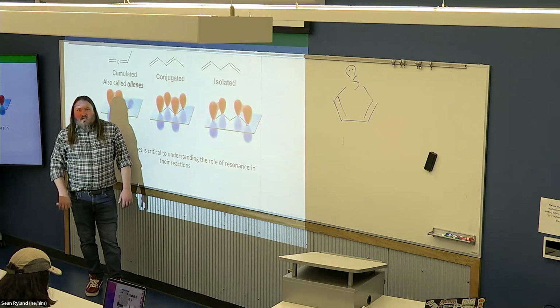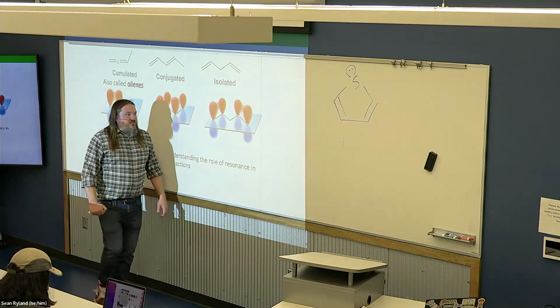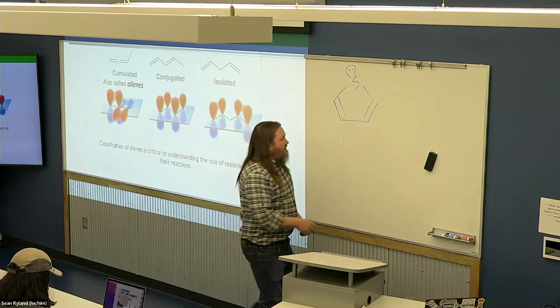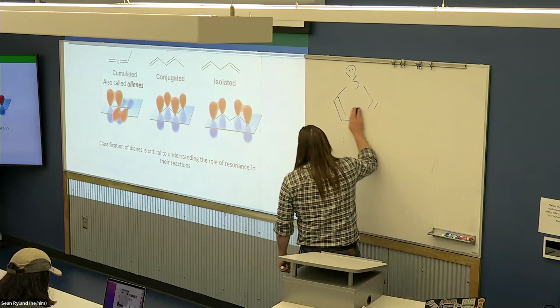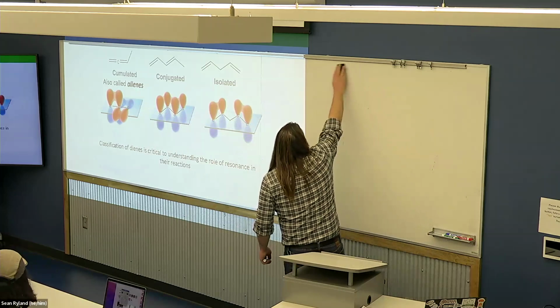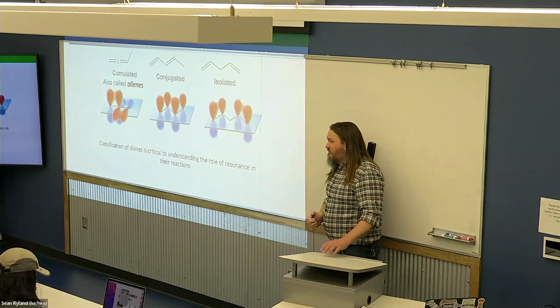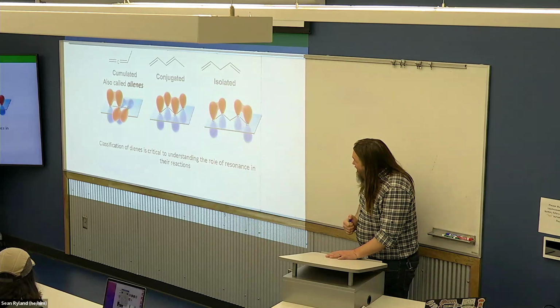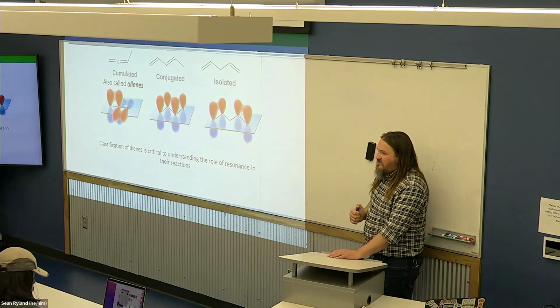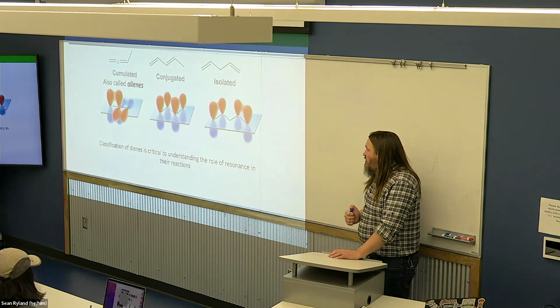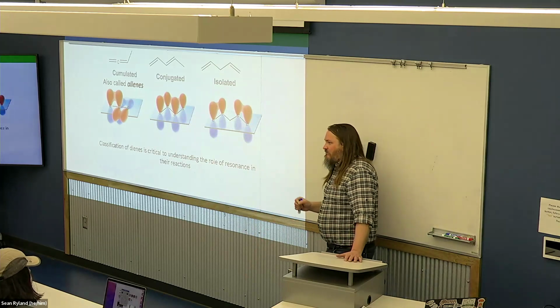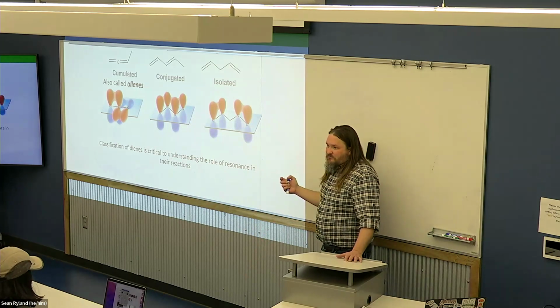Maybe a little bit off depending on sterics and things like that. So isolated dienes aren't really that interesting, not enough to have a whole chapter dedicated to them. Accumulated dienes are really uncommon and unstable. So most of what we're going to spend our time on in this chapter is the conjugated dienes.